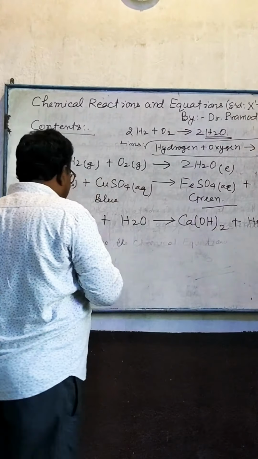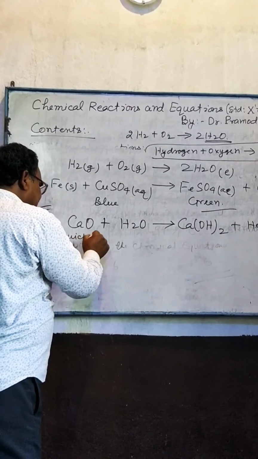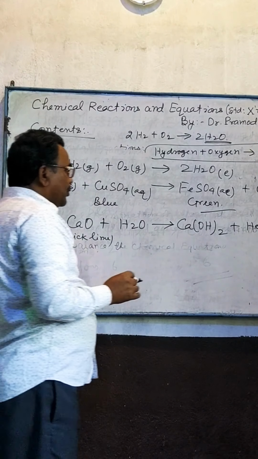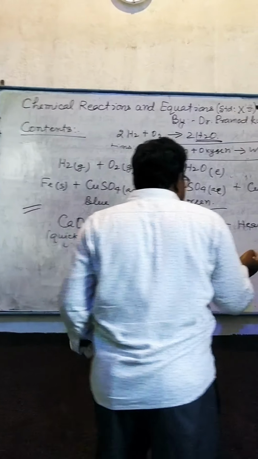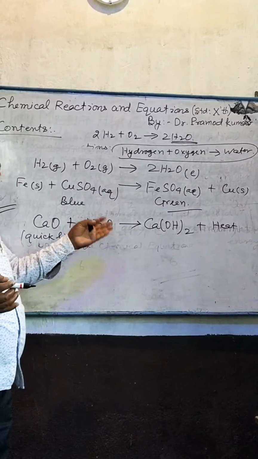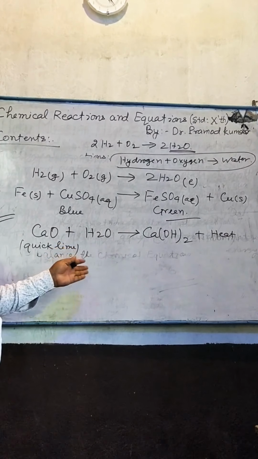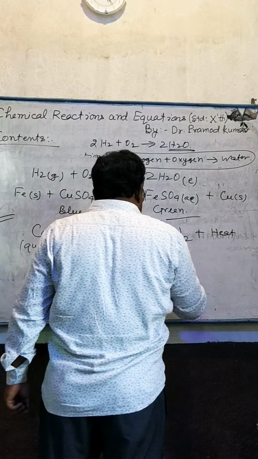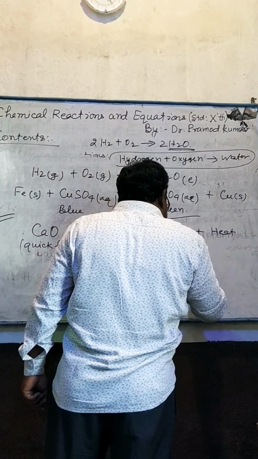In this chemical reaction, calcium oxide is also known as quicklime. When water is added to quicklime, it produces calcium hydroxide and a large amount of heat energy is evolved. Due to this, the container in which calcium oxide is taken becomes hot.